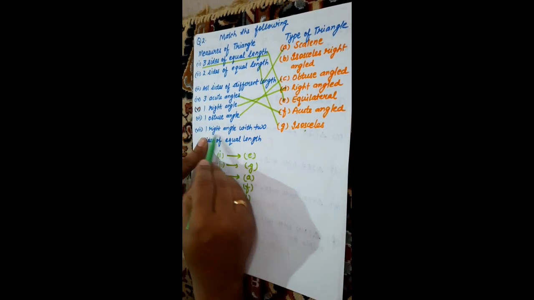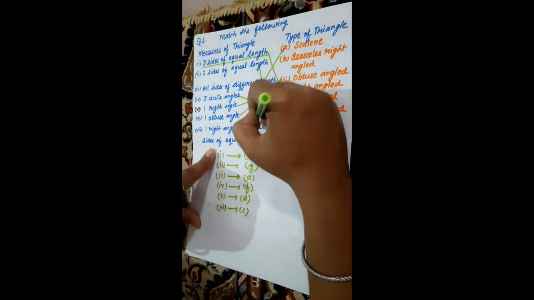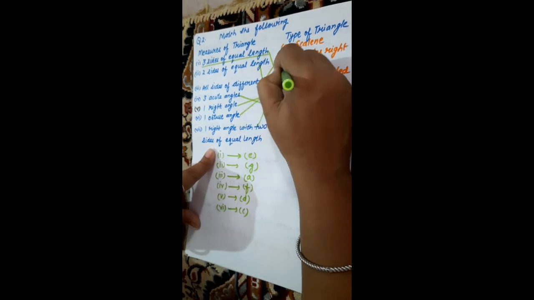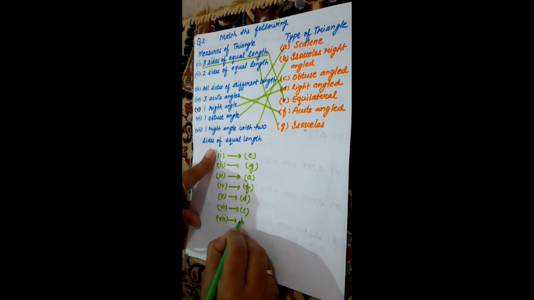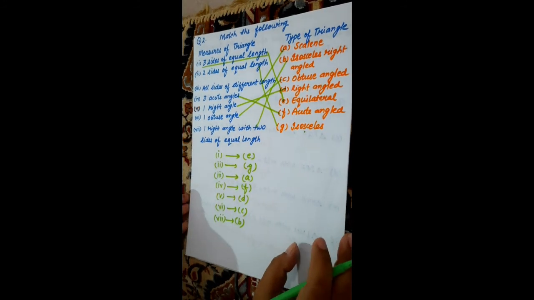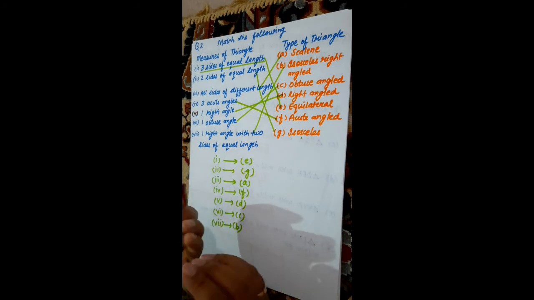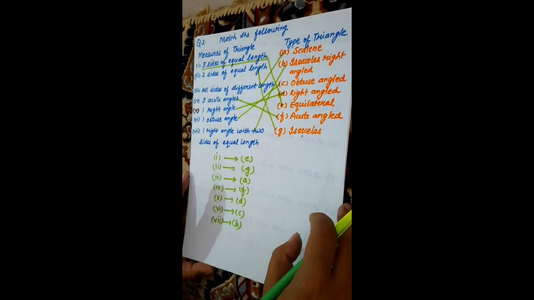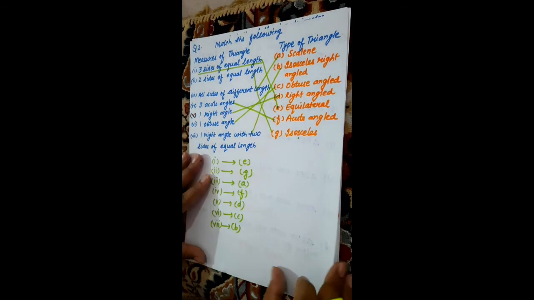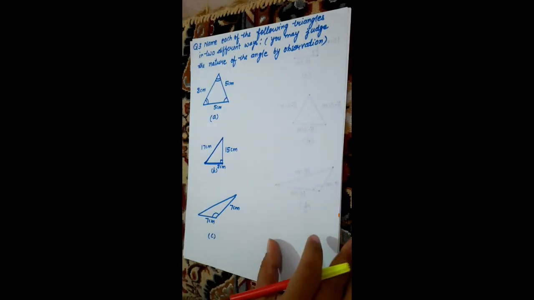That is an isosceles right angled triangle. So seventh is B part. So this is all about match the following, and this is based upon the classification of the triangles.